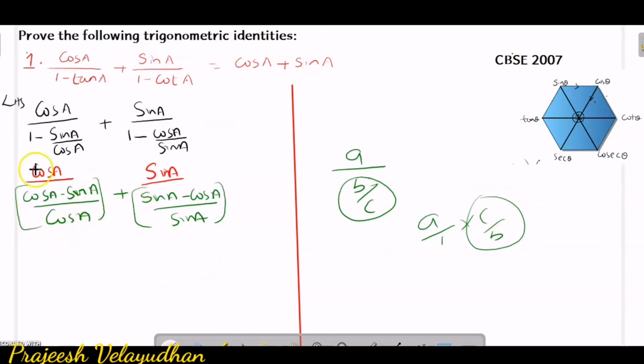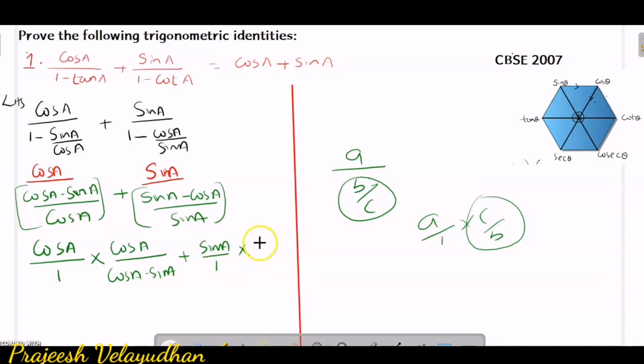The same process we can do here. I am going to rewrite this cos A as cos A by 1, into cos A by cos A minus sin A. Similarly, this side also we can write sin A by 1 into sin A by sin A minus cos A. So now the continuation.